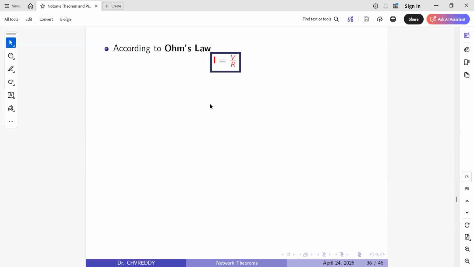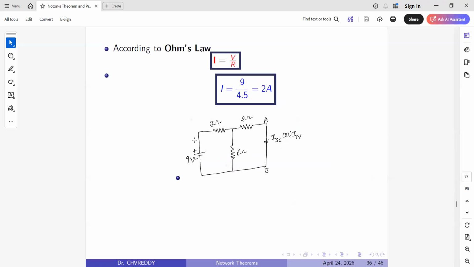According to Ohm's law, I equals V by R. Now we know the V value as well as the R value. V is 9 volts, R is 4.5 ohm, so the current is 2 amps. Because of 9 volts, 2 amps of current is passing here.